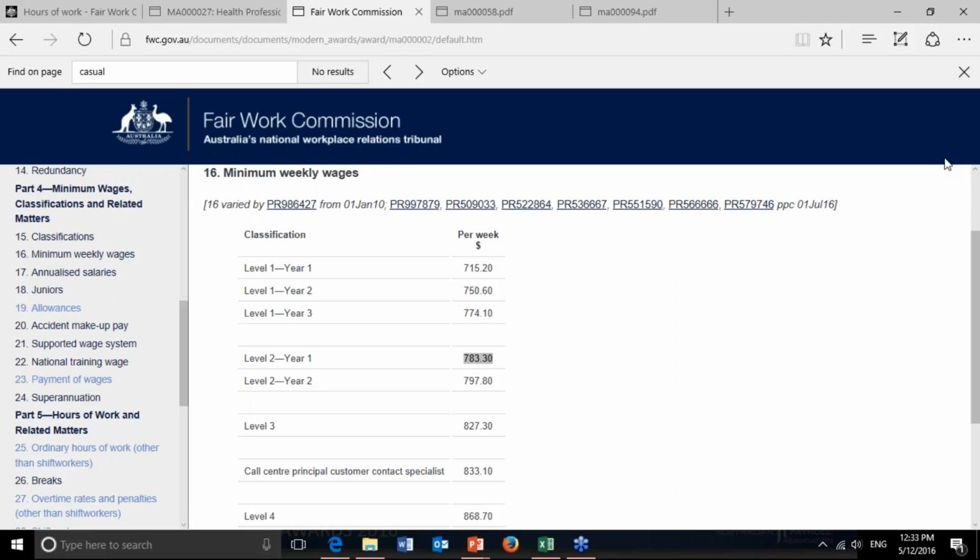So if it fits one of those, they're not necessarily liable for super unless there's a further provision in the building and construction award. So I'd have to look at the provision in that award.